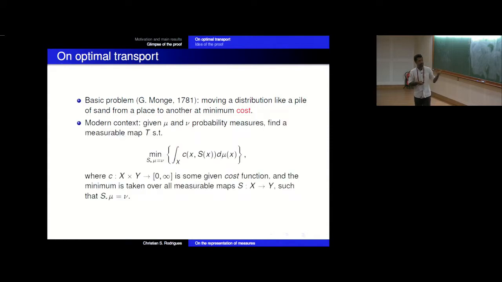So in terms of probability measures, what we want to do is the following.